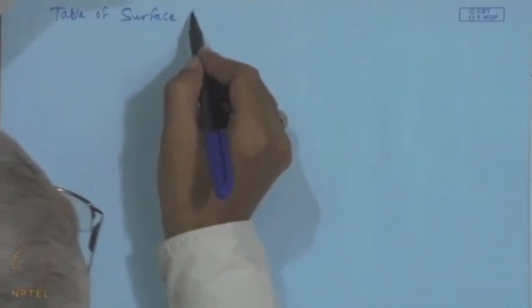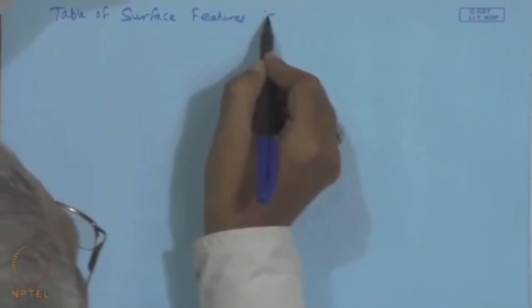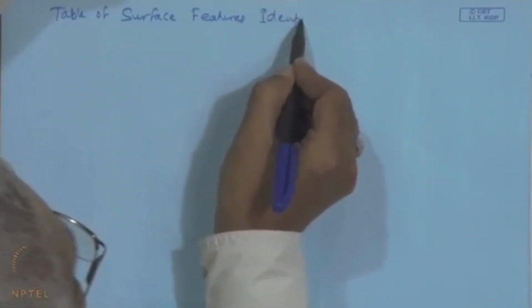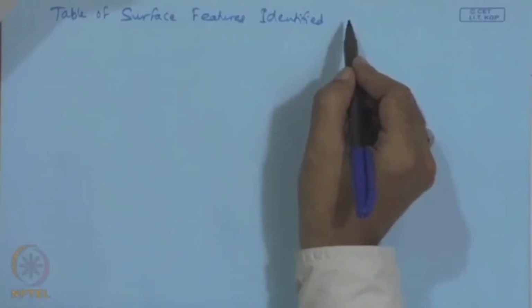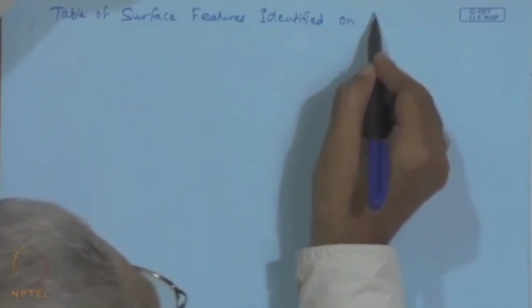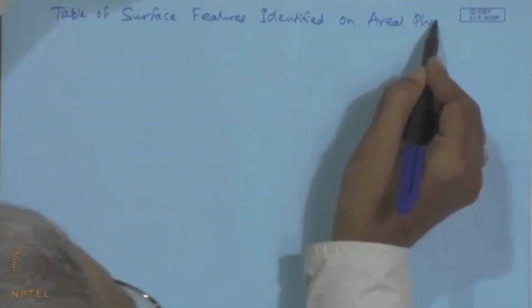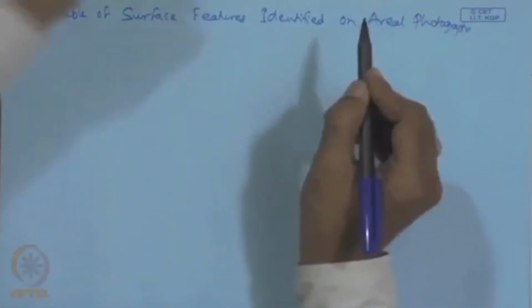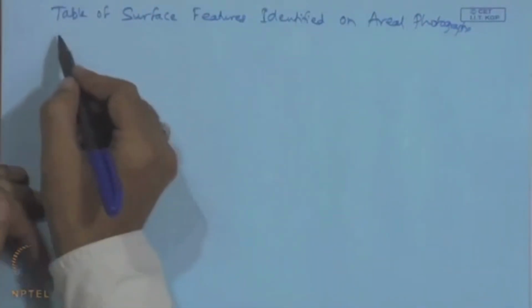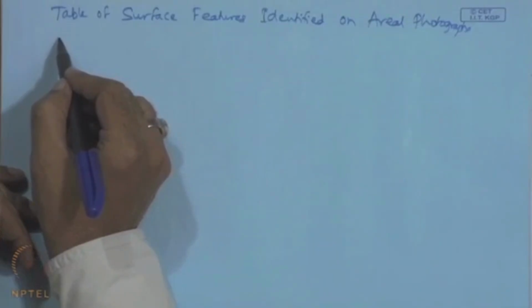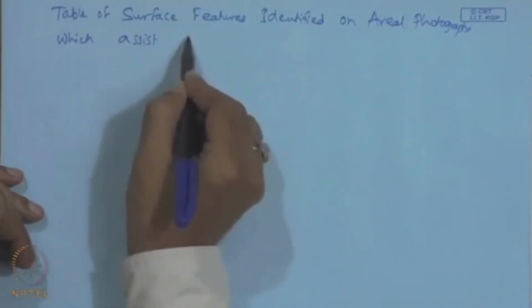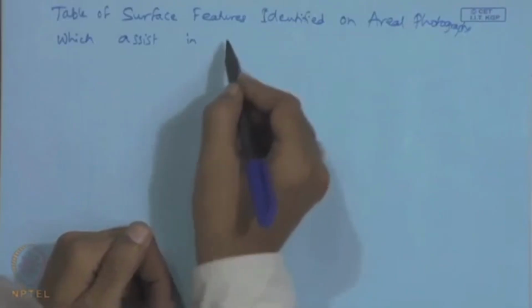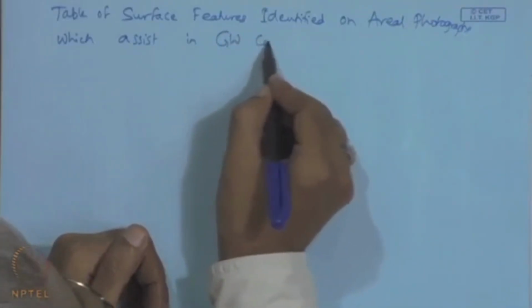This is the table of surface features identified on aerial photographs, which assist in groundwater condition evaluation.